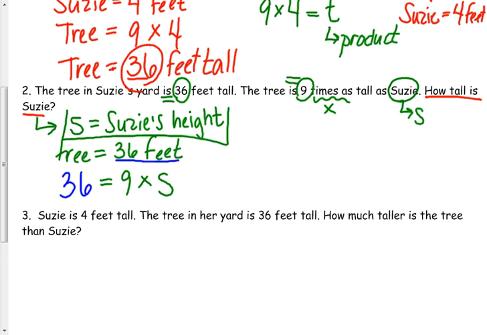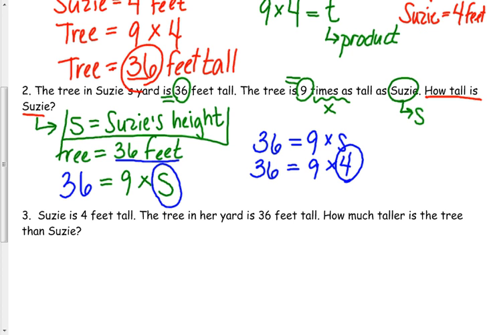Now we're missing one of the factors, and we all remember the word factor in our multiplication problem. So we ask ourselves, 9 times what equals 36? And I'm going to rewrite that over here. 36 equals 9 times S. And S is representing the height of Susie, how tall she is. 9 times what gives me 36? So I know 36 equals 9 times 4.